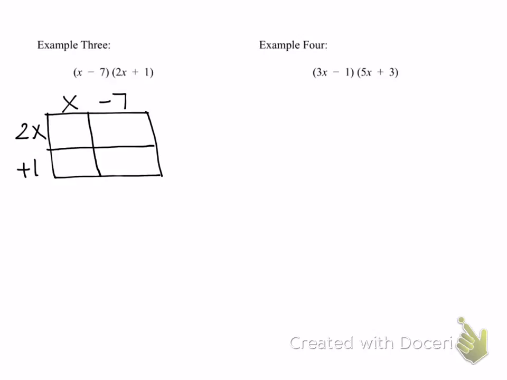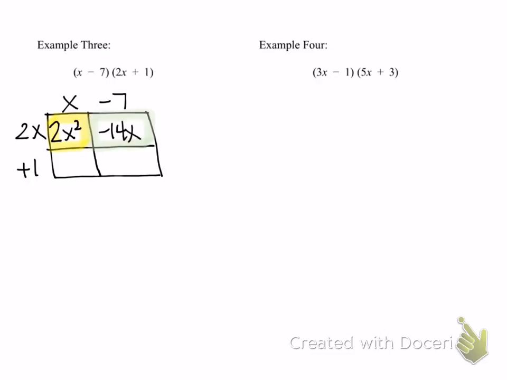So what I can see is that for this box here, I'm doing x times 2x, which gives me a 2x squared. The next box that I'm doing is this one here, which gives me 2x times negative 7, which is a negative 14x.